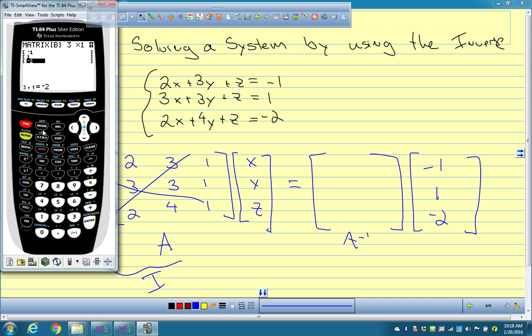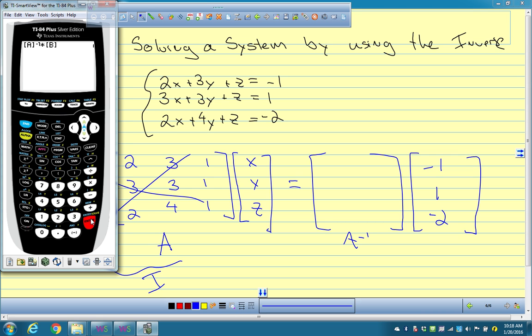So now I'm going to go second quit, and I'm going to multiply the inverse of matrix A times matrix B, okay? So I'm going to go second matrix A, inverse, times second matrix B, and I get the answer.